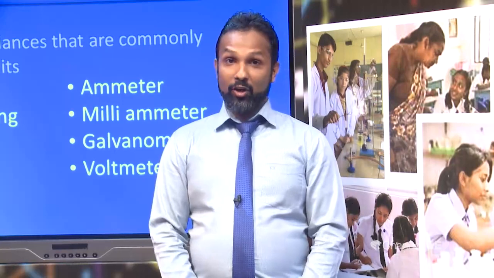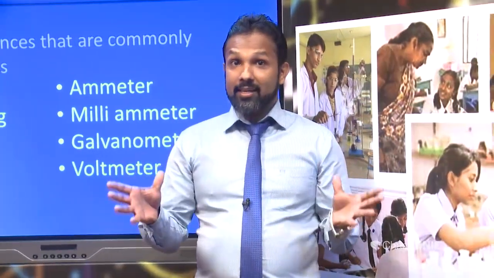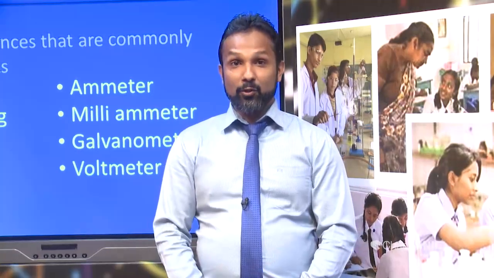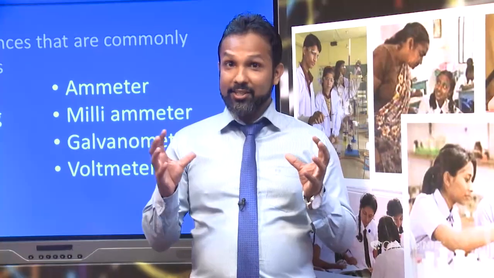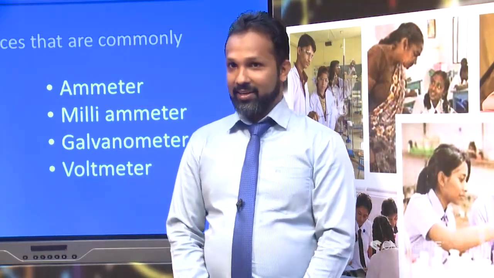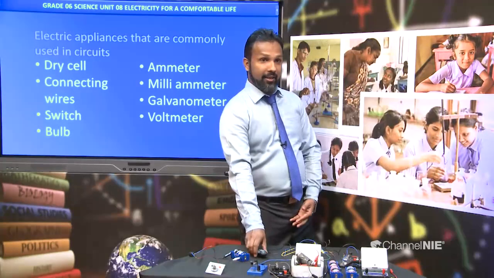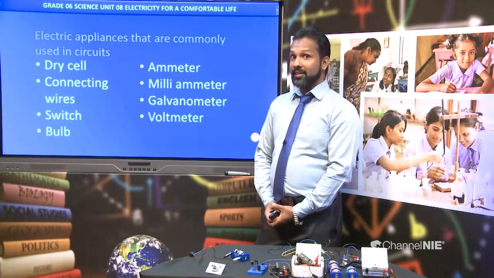Now I am going to teach you some other electrical accessories that we use in our laboratory to prepare circuits. You can study one by one. Okay? Right. First of all, we can study all the accessories that we are going to discuss here.